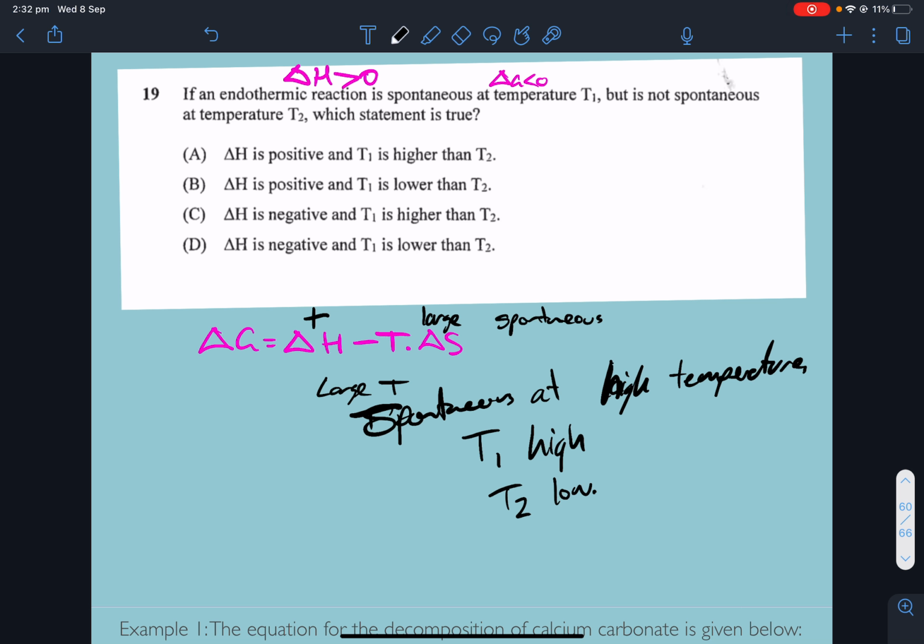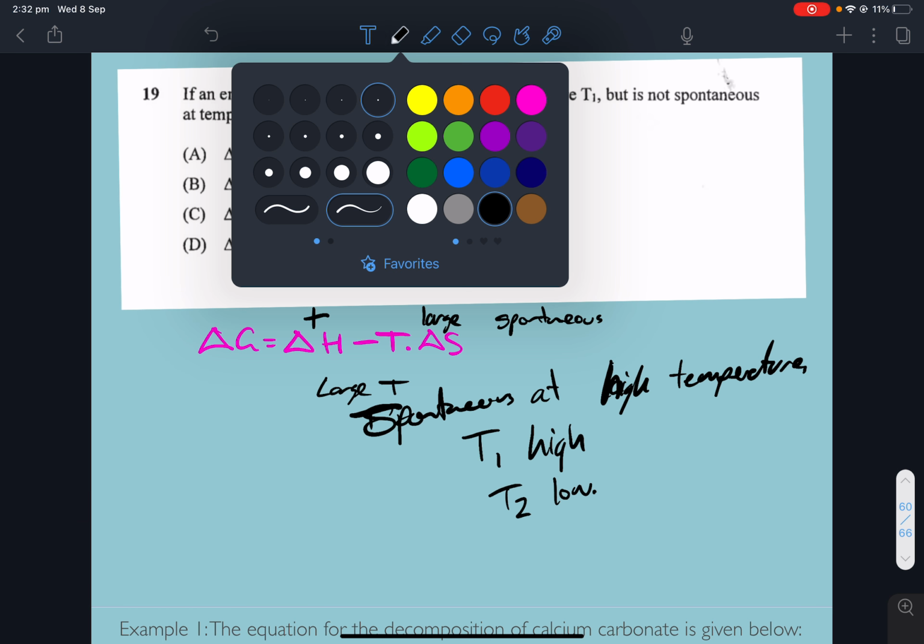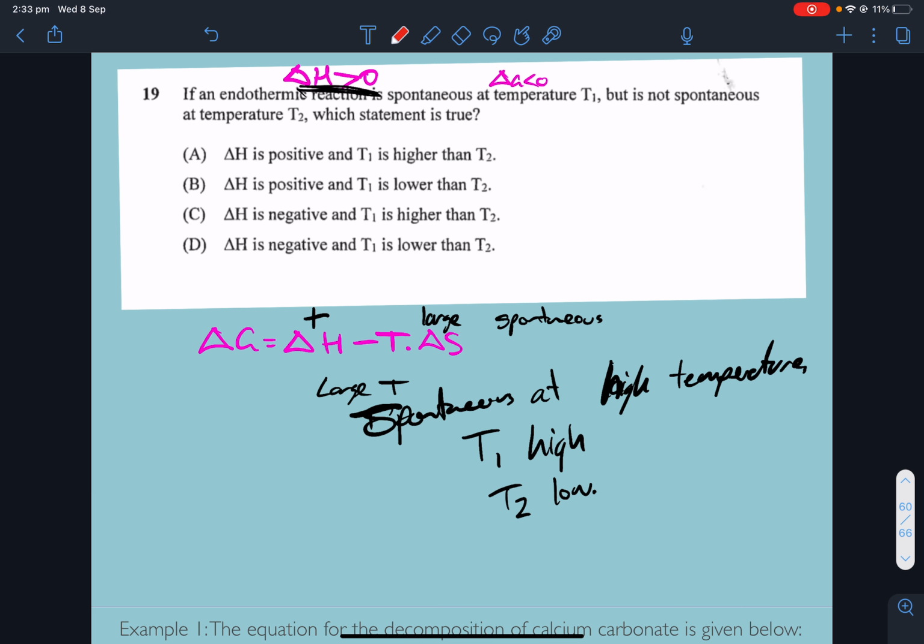Which statement is true? If it's endothermic, enthalpy must be greater than 0. So enthalpy must be positive. We can get rid of C and D because they say it's negative.